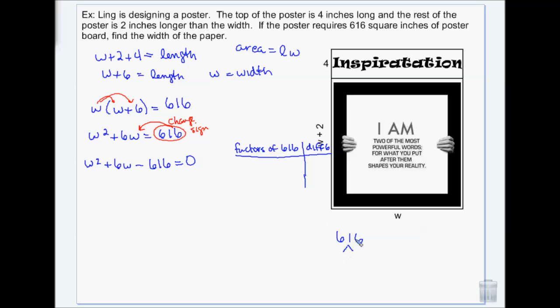If I divide 616 in half, I would have 308. And if I divide that in half, I will have 154. And if I divide that in half, I will have 77.